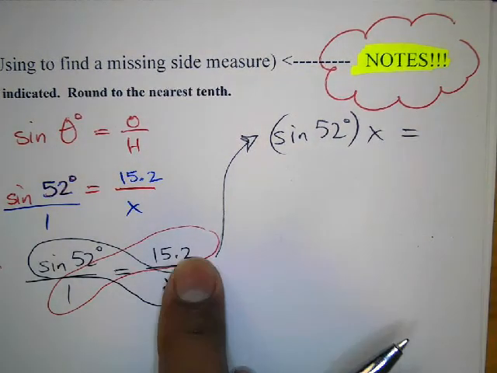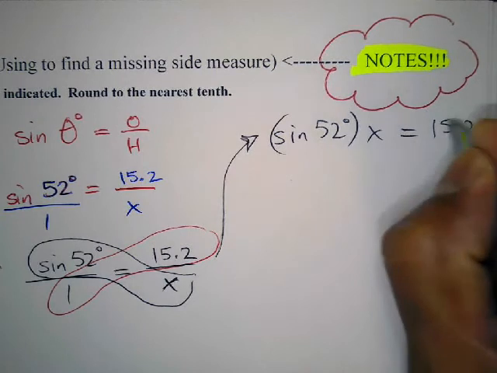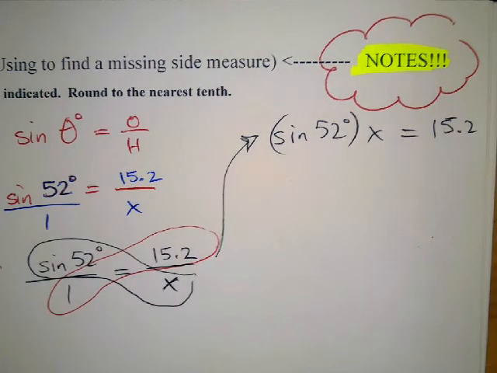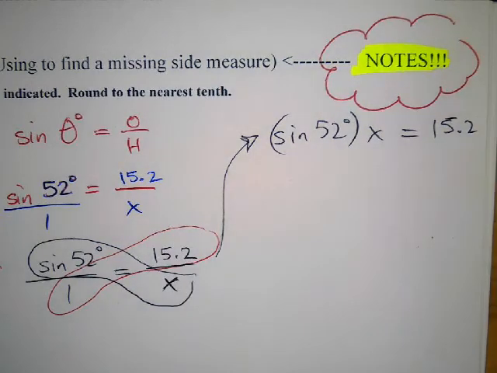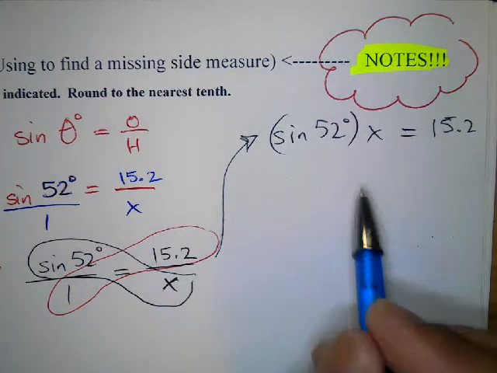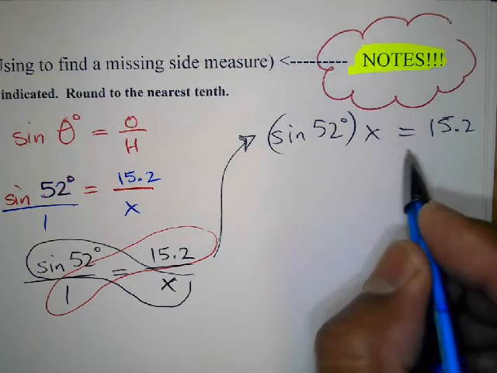Well, that's 1 times 15.2. Well, that's just going to be 15.2, right? Multiplying by 1 is so easy, right? 1 times 15.2 is 15.2. Here's the part where it's different, and I explained this in the notes, how to solve this in the first video.